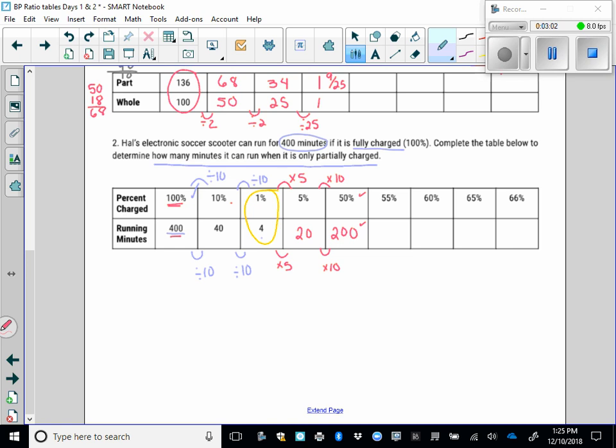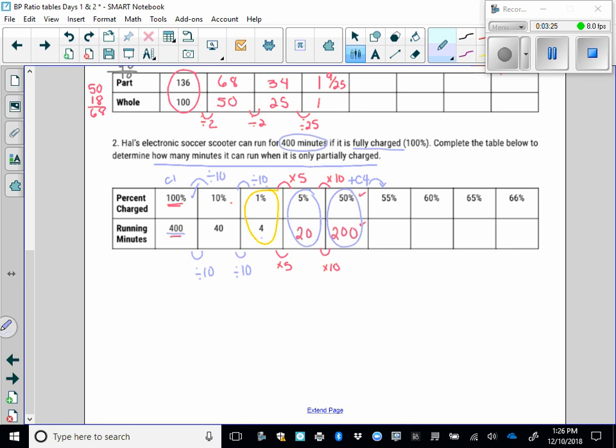Now for 55%, I'm going to add this and this. So this is column 1, column 2, column 3, column 4 right here. So I'm adding column 4 to column 5 to get 55.